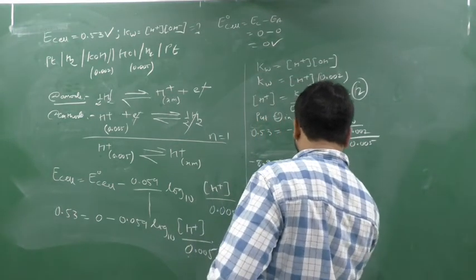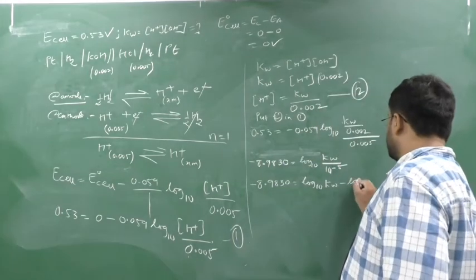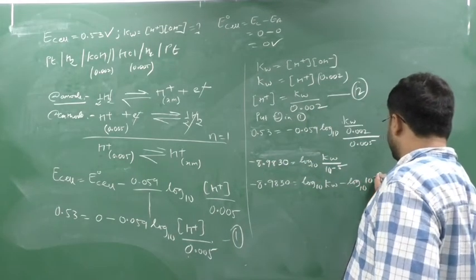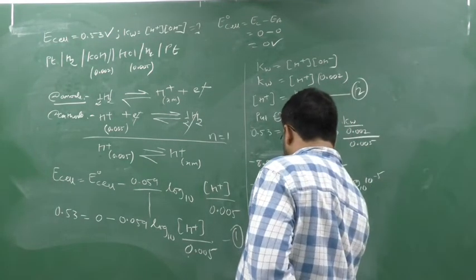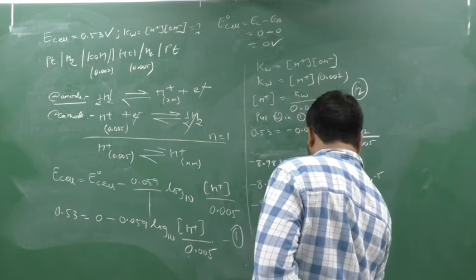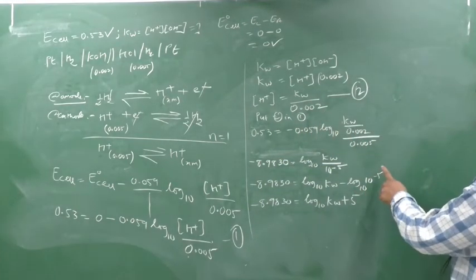Now minus 8.983 equals log to the base 10 Kw minus log to the base 10 of 10 to the power minus 5, which gives log Kw plus 5, because log 10 to the power minus 5 goes to that side.